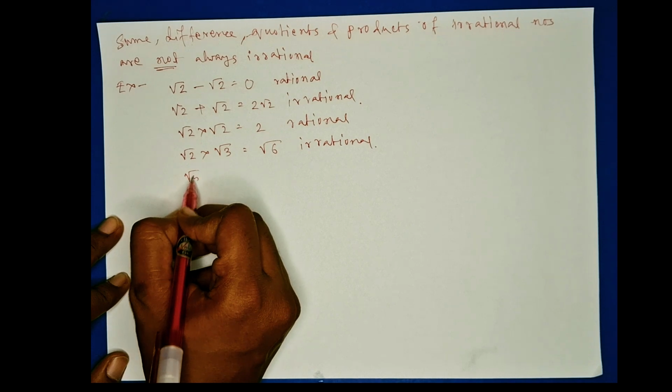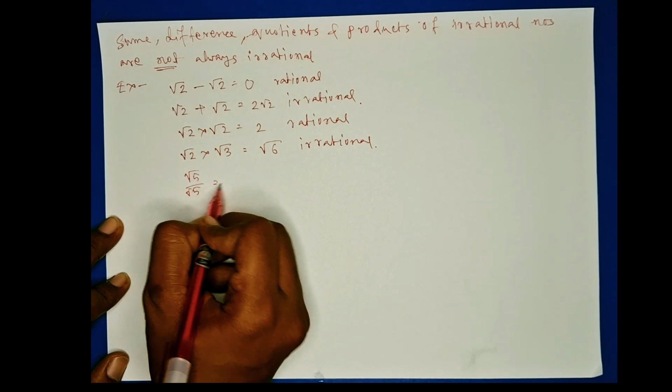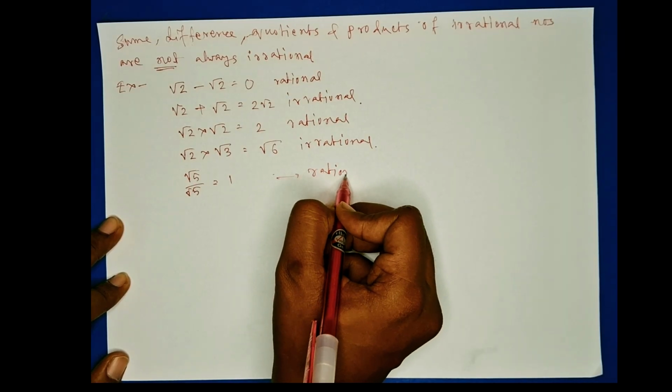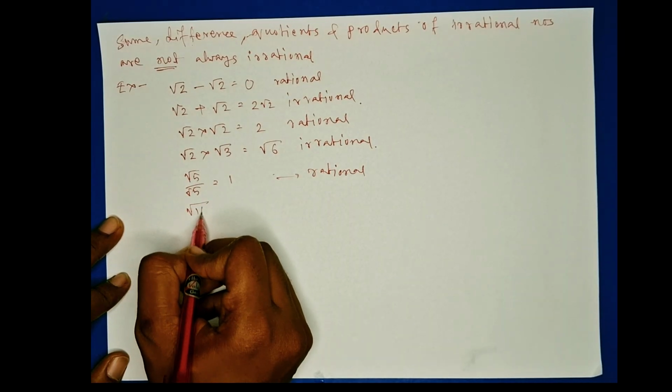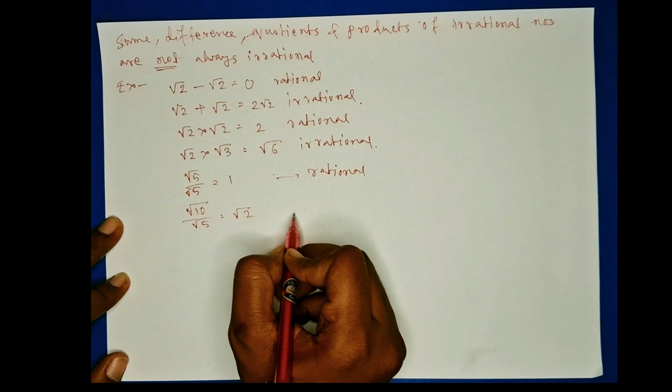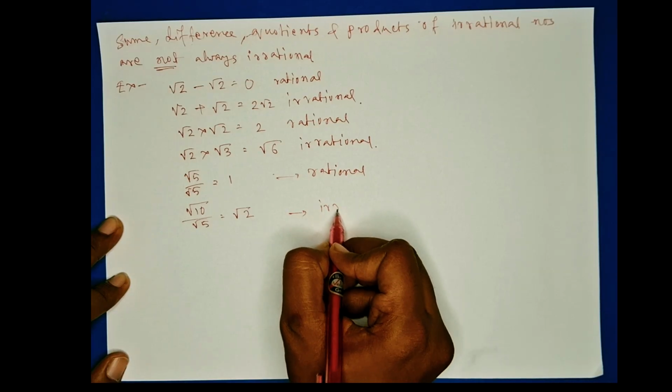If I divide root 5 by root 5, I get 1, that is rational. But if I divide root 10 by root 5, this is equal to root 2, and this is irrational.